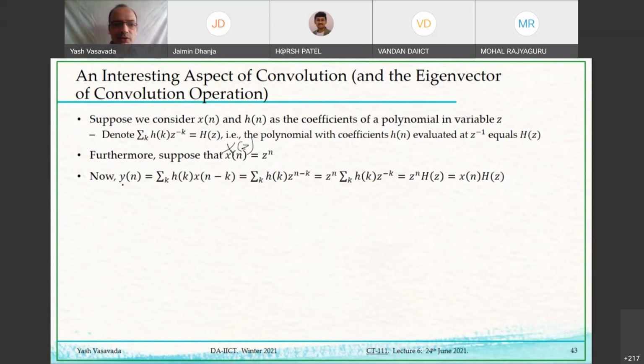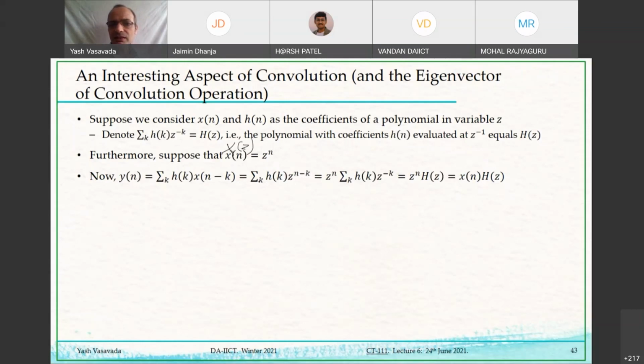And now if I compute the convolution using this formula here, then for x of n minus k, if I put n minus k instead of n, it becomes z to the n minus k. So this formula becomes h of k times z to the n minus k. And the summation, remember, is over this dummy variable k. Now, I can bring out z to the n because it's a constant term.